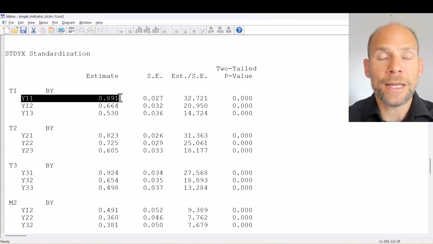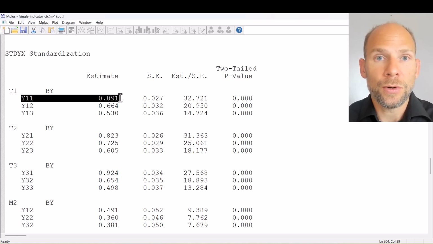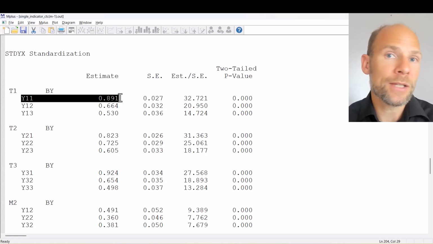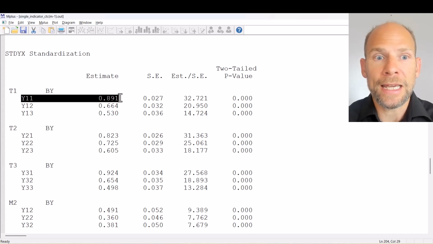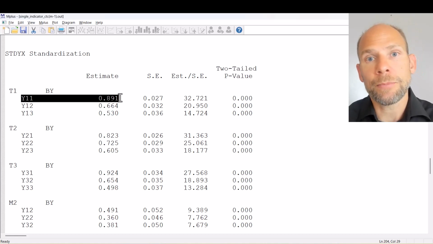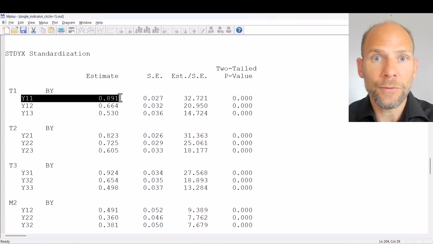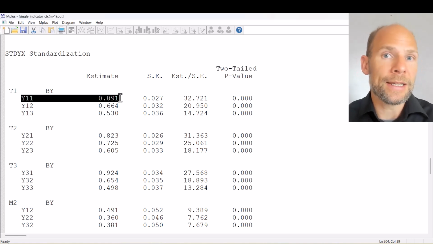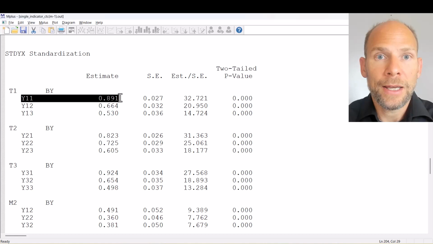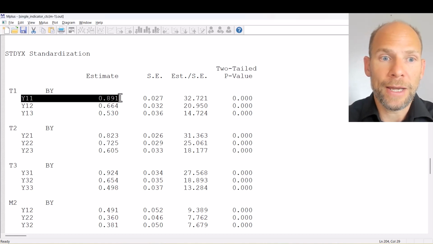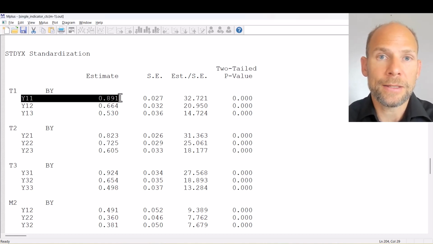So 0.89 squared would be the reliability coefficient. About 0.9 squared, so the reliability is about 0.8, 0.81. That's a good reliability value for a variable, and we'll see that later under the R squared measures that are also given by Mplus. So this is the standardized loading of the self-report for the anxiety factor, and that basically just tells us it's a reliable indicator of self-reported anxiety.